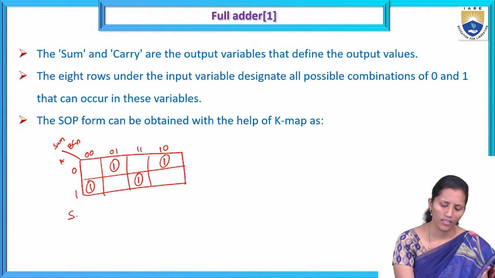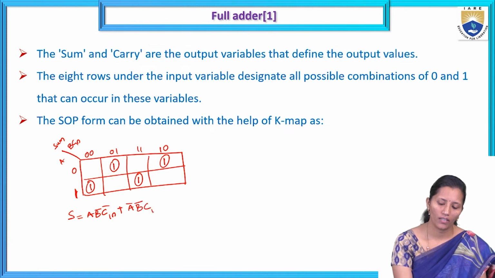Directly we can write sum is equal, here for this one, this one is A, 0 represents B bar, C represents C in bar. So A B bar C in bar, plus this one A is 0, so A bar. Here B is 0, B bar. C is 1, so direct C in. Here this one is A, B, C in.